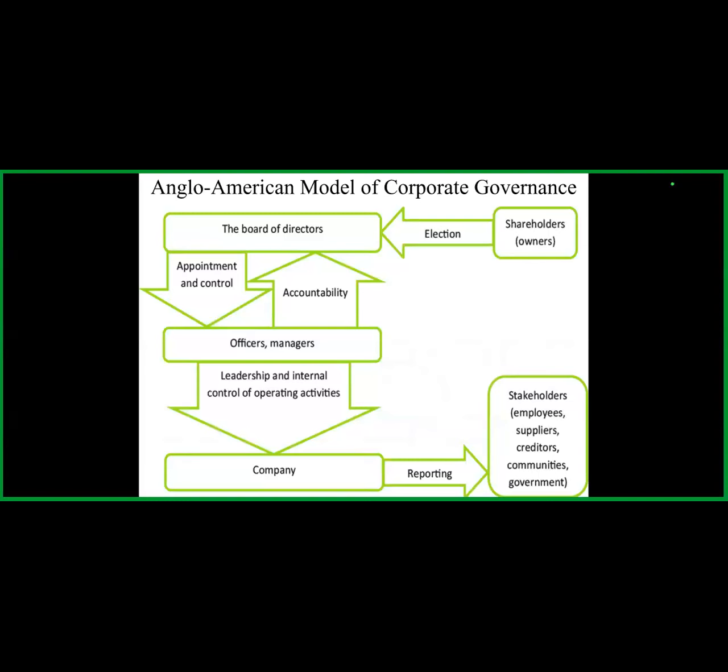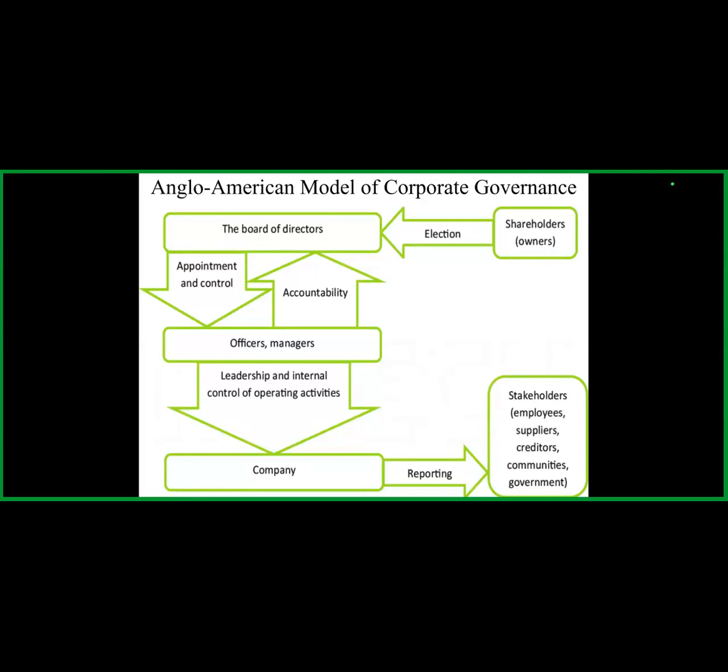Now, on the whole, we have the board of directors, and then the shareholders of a particular company. Suppose the name of the company is company A. Shareholders have elected the board of directors. Then the board of directors have appointed senior managers and executives who are accountable towards the management, and who also have a responsibility to carry out the day-to-day activities of the company effectively.